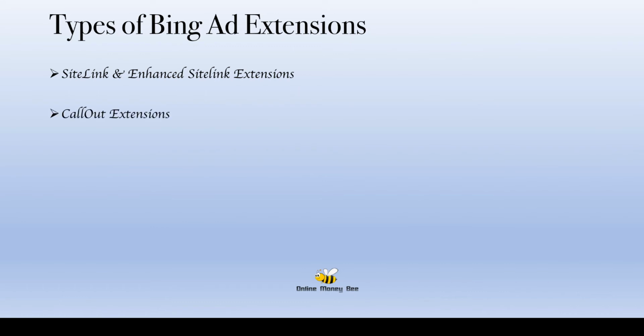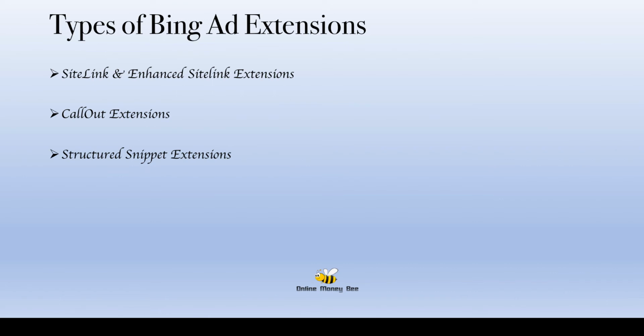And then callout extensions. These extensions will help you to call out any specific services that you do or anything that you want to stand out and call out as part of your ad. And structured snippets. These are similar to callout extensions, but these come with a specified set of predefined categories. So you can probably say plans, services, deals, or something like that.